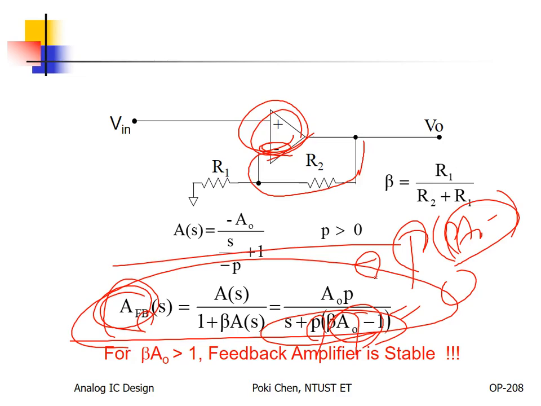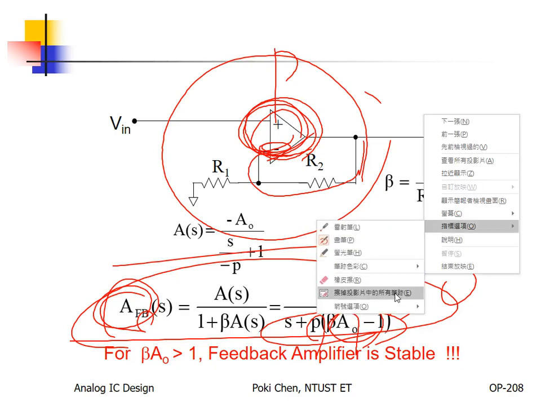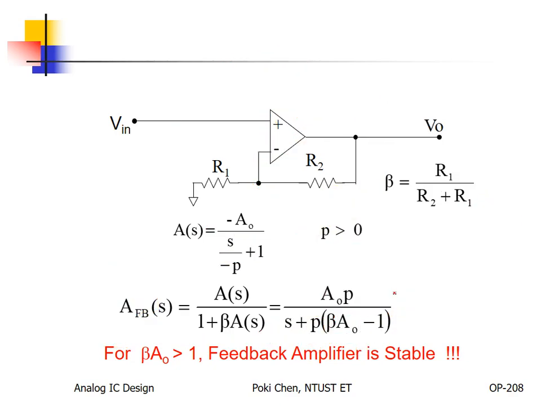It is stable. Right? With such a very simple idea you learned already, even though the single pole is in the right half plane, for this overall application it is possible to get a left half plane pole to stabilize the overall application. That is what you need to learn.